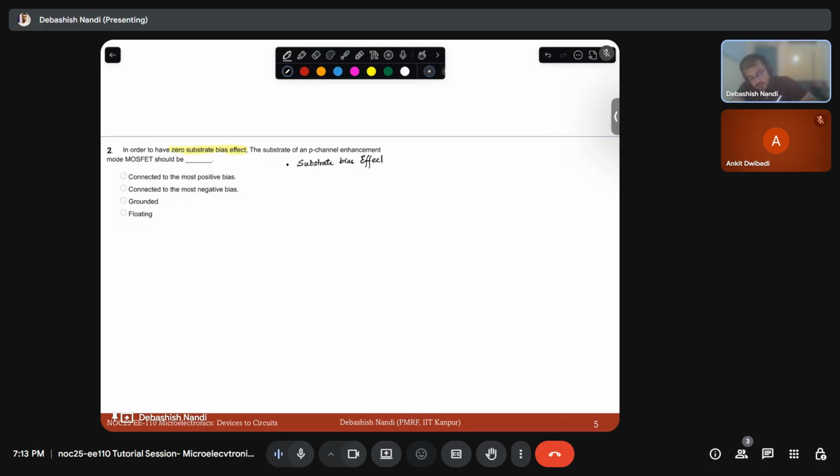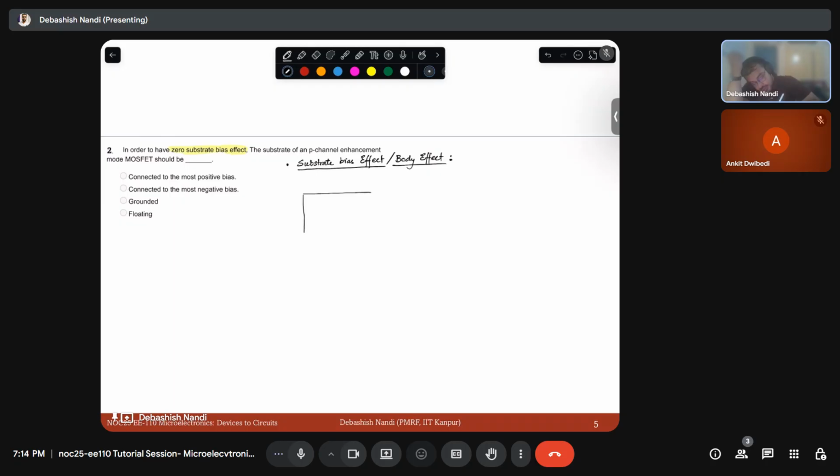Or more generally, it is known as body effect. I think only Ankit is present. Ankit, do you want to discuss this? Actually, I have little idea about this. Okay, not a problem.